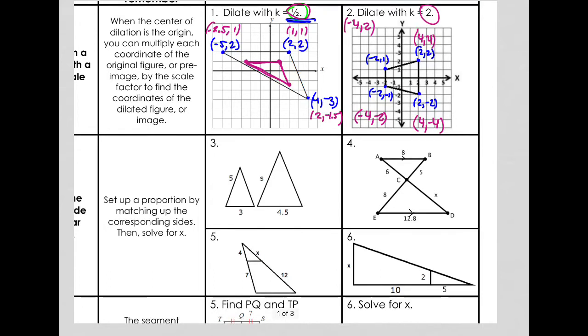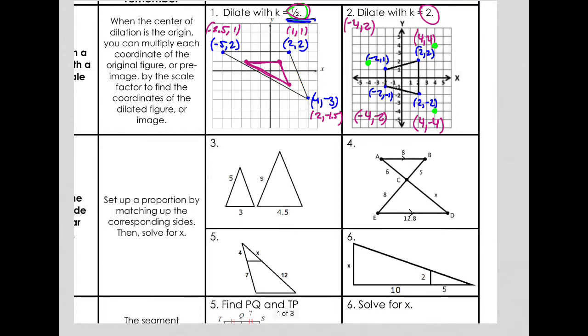Alright, so now I'm going to go ahead and plot it, and I'm going to put it in green just because I think I'm going to have to write over some of these coordinates that I wrote down. So we have -4, 2, which is here. We have 4, 4, which is here. We have 4, -4, which is here.